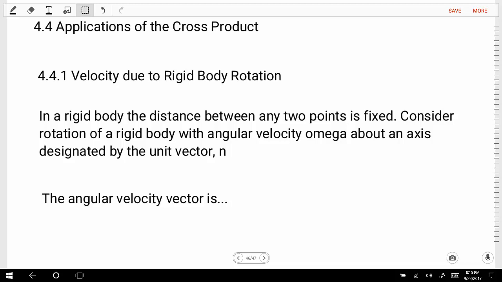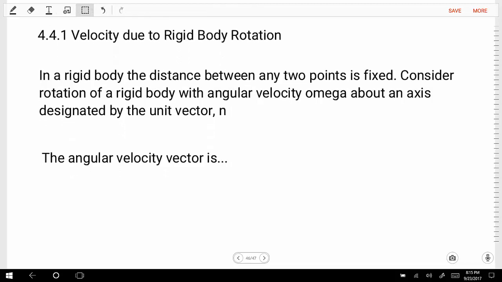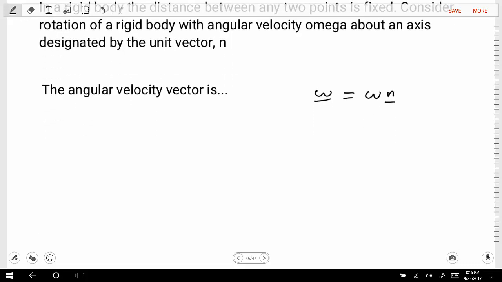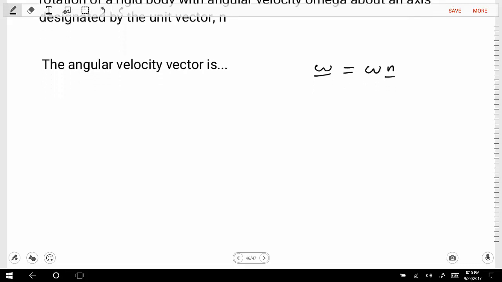Consider rotation of a rigid body with an angular velocity omega about an axis designated by the unit vector n. And we say that our angular velocity vector omega is equal to the angular velocity about this axis. So we can basically define that there's some normal.